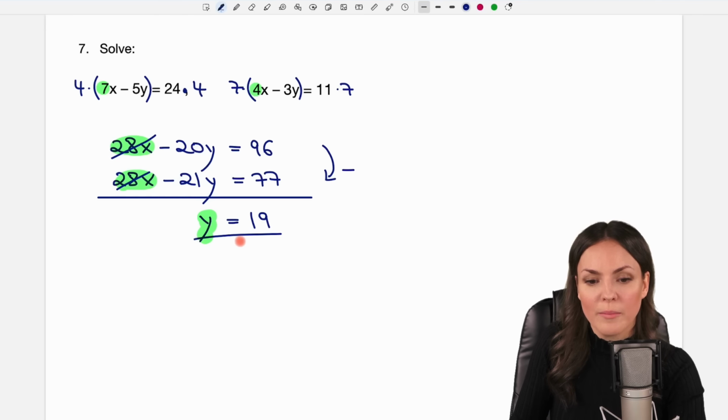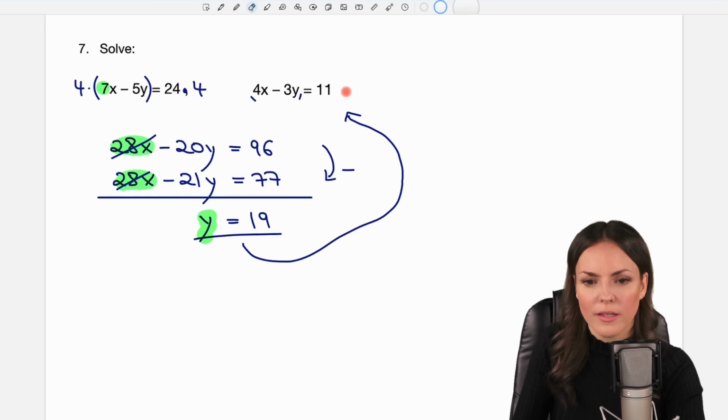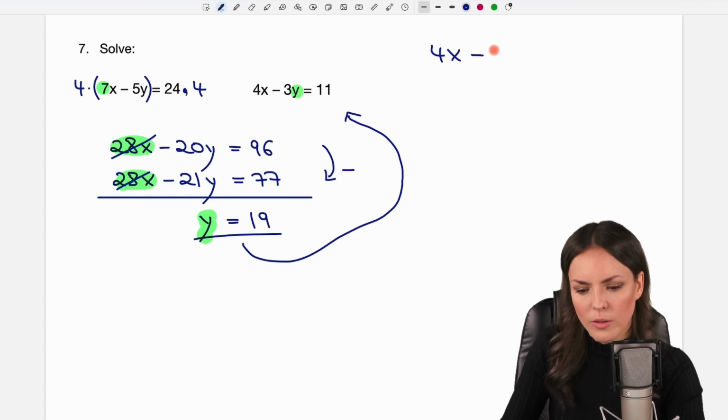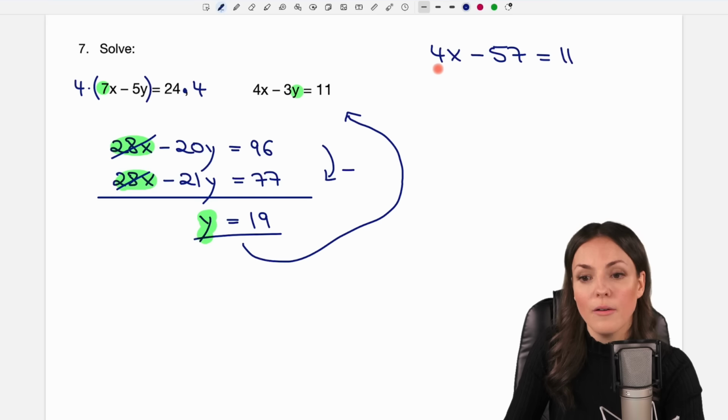And to be able to find my value for my x, I just insert the y in one of these equations, but I want the original ones. So I want to insert y here. So I have 4x minus 3 times 19, which equals 57. On the other side, I have my 11. And now I just solve this equation for x.